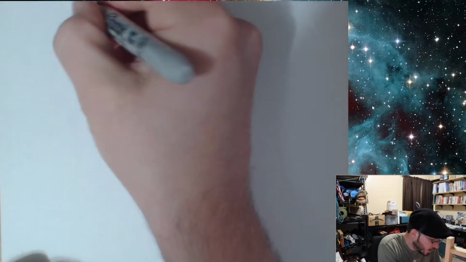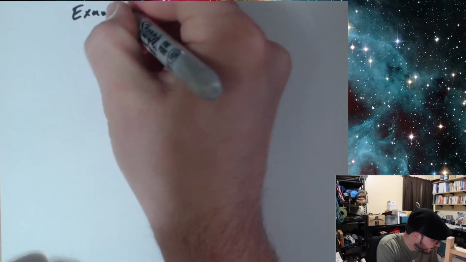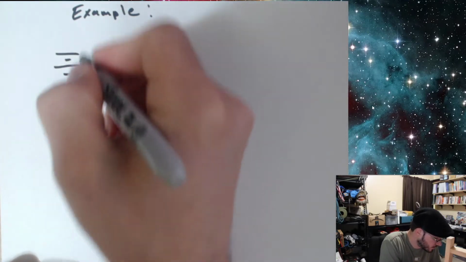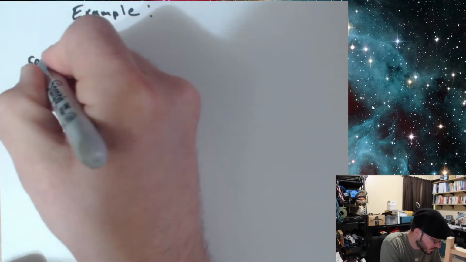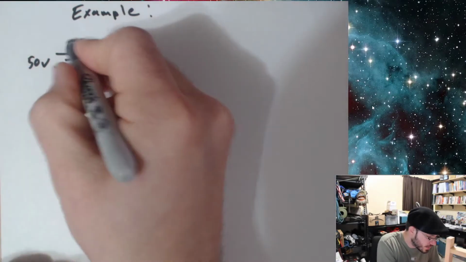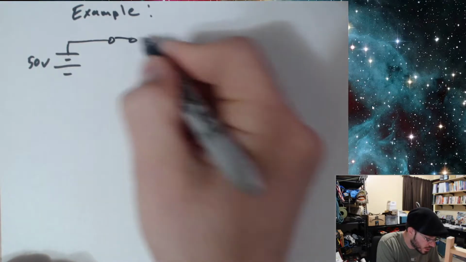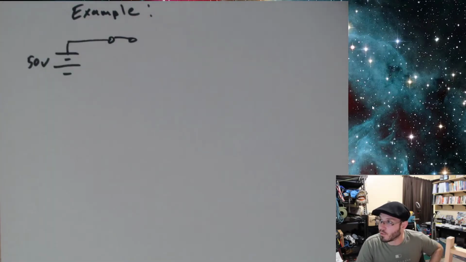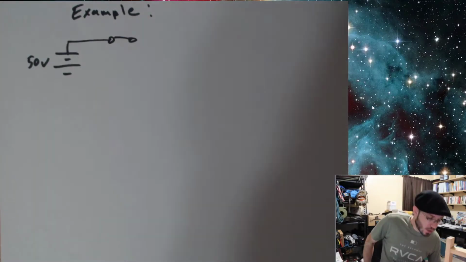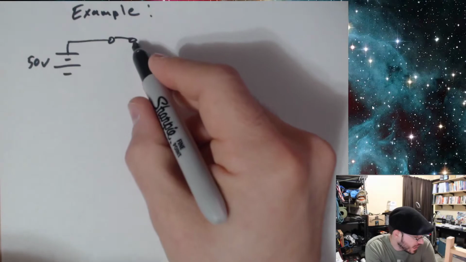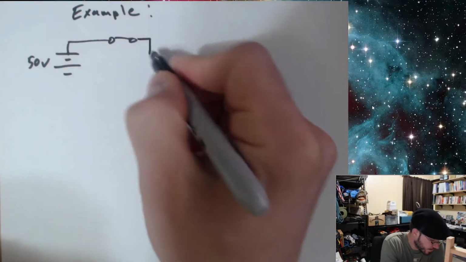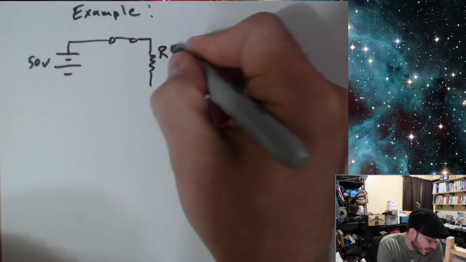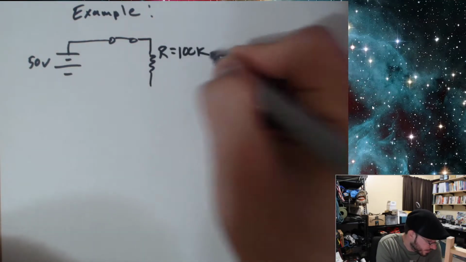Okay, so for example, let's take a 50-volt source, give ourselves a switch. Obviously, for this cap to do anything, we need to have the voltage change. So we're going to accomplish that by just having a switch that closes. We're going to have a resistance of 100K.